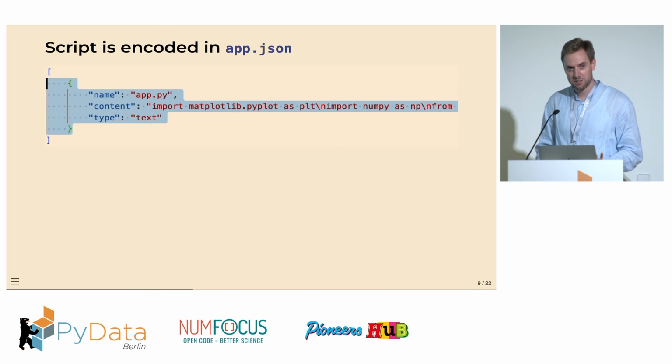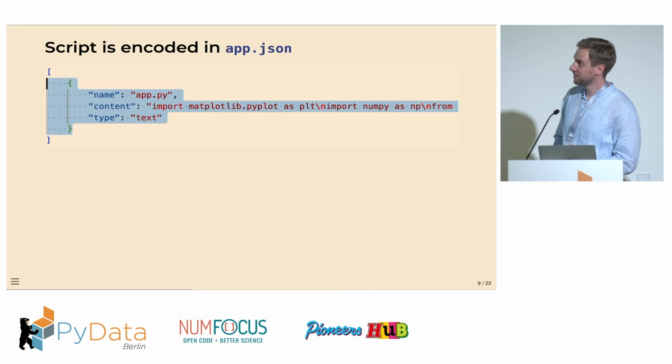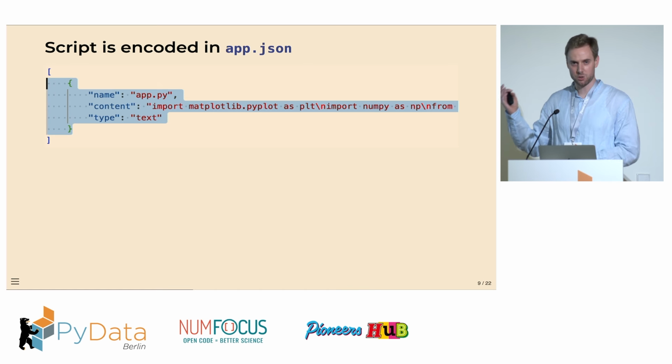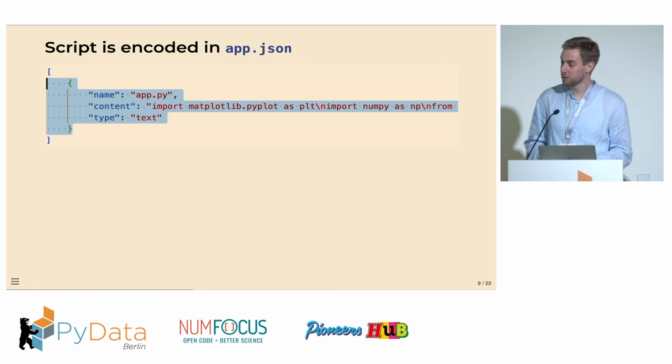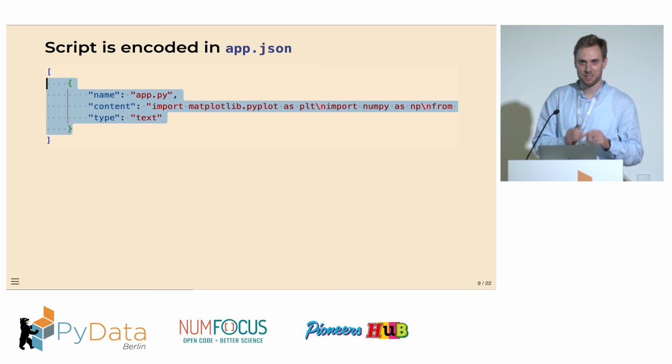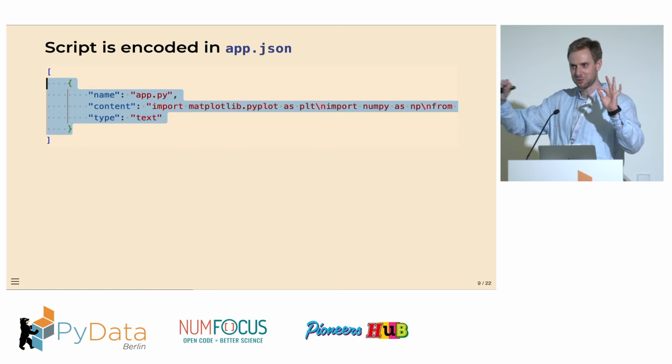Okay, a few more things before we look at the live app. So you can already grab your phone. So the script that I've shown you before, the app.py, if you run Shinylive, it is encoded in this app.json. So this is abbreviated here. I cut this off because it puts all the Python script into one line.